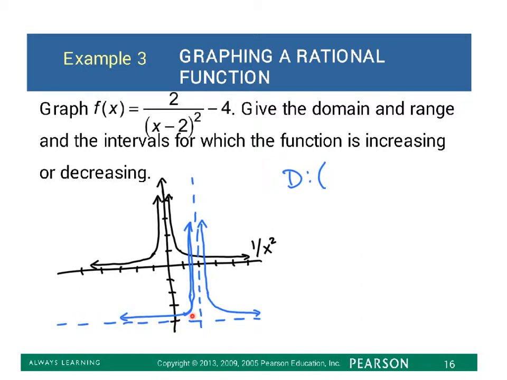So negative infinity to this asymptote right here, which is 2. That is the first part. Then union that, beginning back with 2 to infinity.